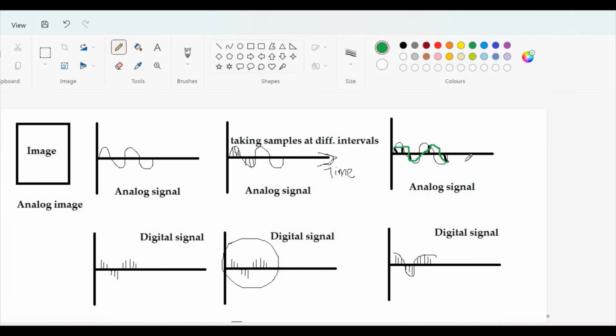Sometimes it appears as many frequencies because of this distortion. For example, here we have taken fewer samples. If we take more samples, there will be many frequency components in the digital signal as well. You know that digital signals have bits, we work with bits, right? We work with pixels.